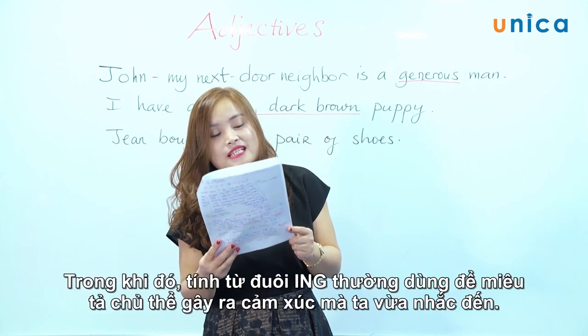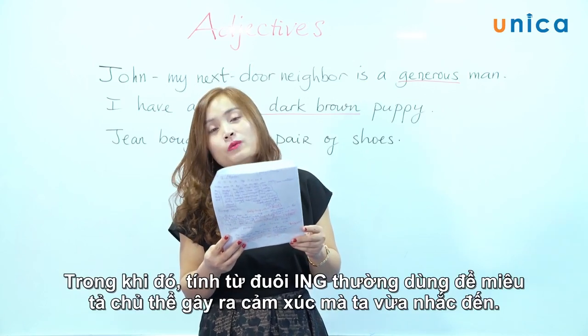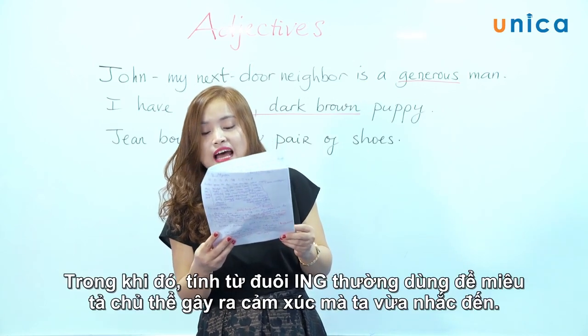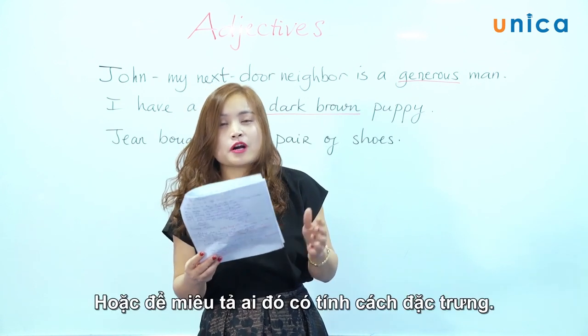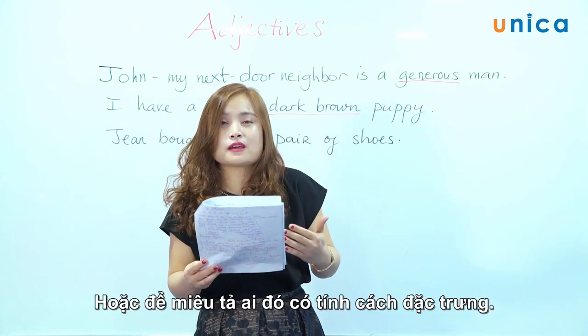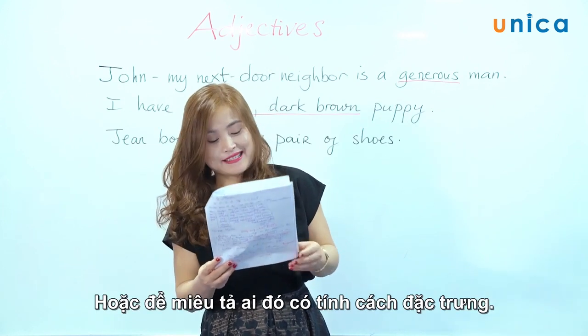Whereas the adjectives that end with ing are normally used to describe things that cause the emotion that I've just mentioned, or to describe something or somebody with a particular feature or characteristic.